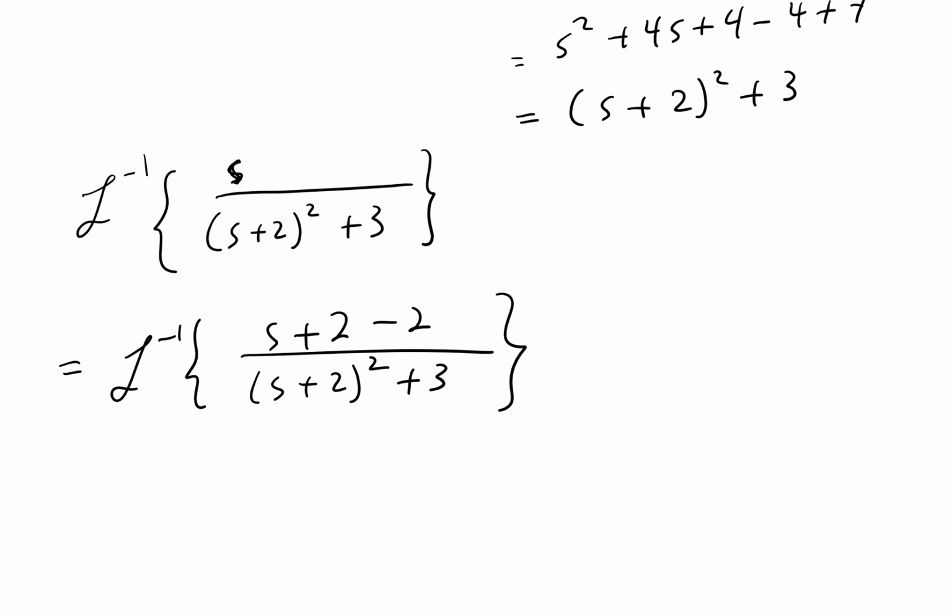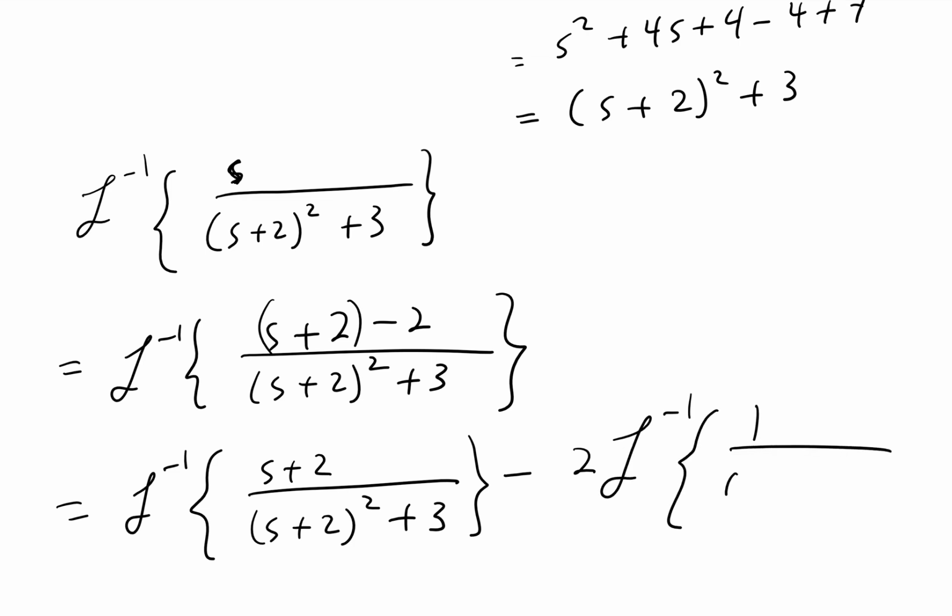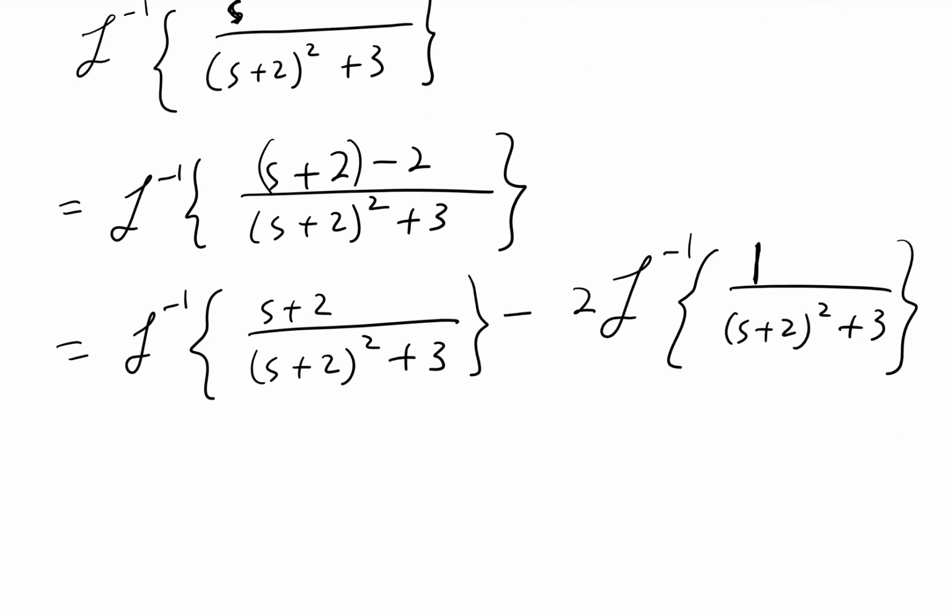Okay? So then what we can do, by the linearity of inverse Laplace, is split this into 2 inverse Laplace transforms. So that 2 comes outside, inverse Laplace of 1 over s plus 2 squared plus 3. Notice the second one doesn't have s on the top, so I don't care about whether they match or not, as long as there's a 1 there, it's fine. Now the left-hand side is kind of backwards.